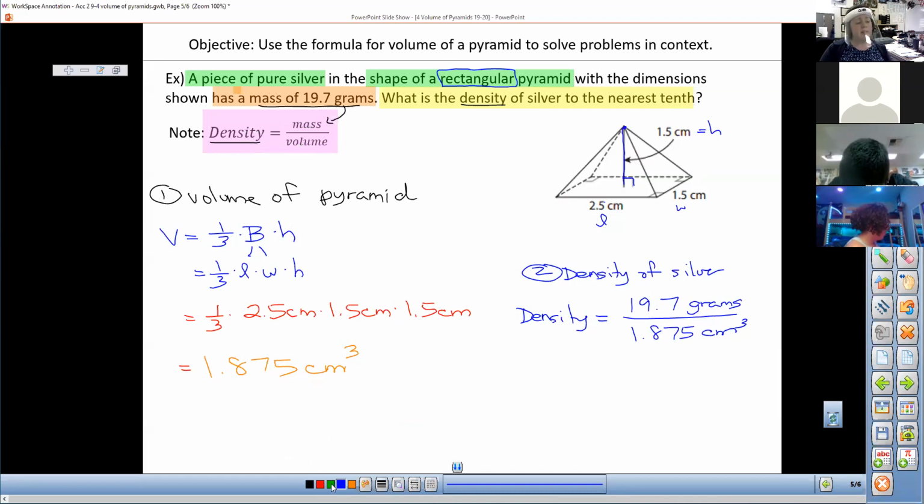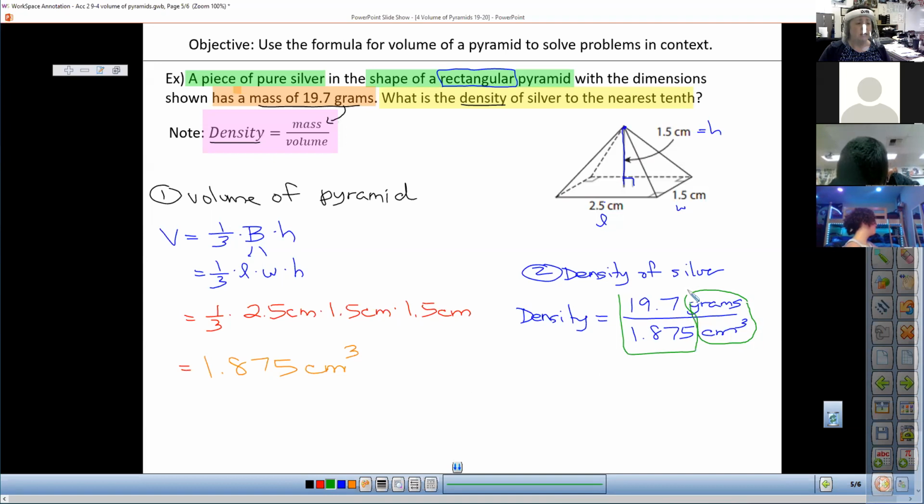All right, here's another thing about density if you have not yet learned about it before. Notice you have a ratio of units. You have grams over centimeters cubed. You're going to, in your calculator, divide your two numbers, but your units have to stay grams per centimeters cubed.